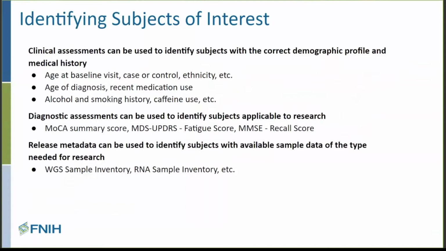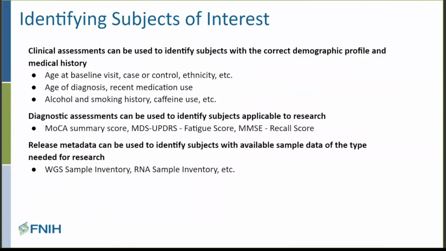So, going over the methodology that you would use in AMP-PD to identify subjects of interest. Again, as I mentioned, there are clinical assessments available, so you can find the subjects within AMP-PD that have the correct demographic profile and medical history.